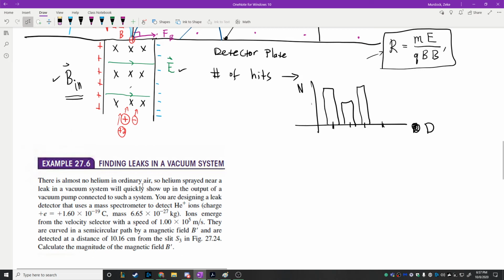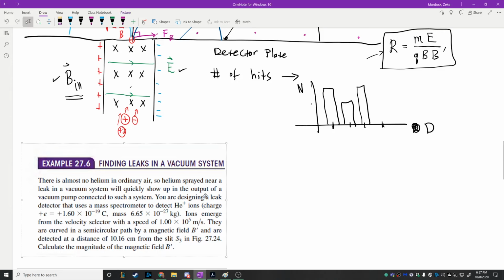We talked about this in my Physics 1B class because helium moves too fast and it's really light. So helium sprayed near a leak in a vacuum system will quickly show up in the output of a vacuum pump connected to such a system. They're saying if you put helium near a leak, it'll show up in the output of a vacuum connected, essentially.